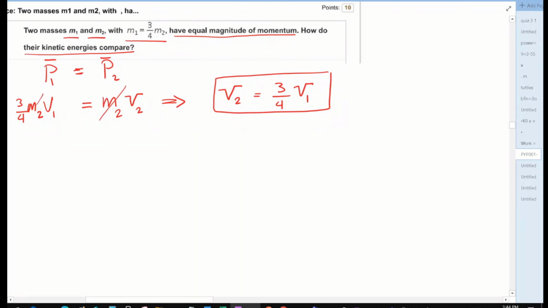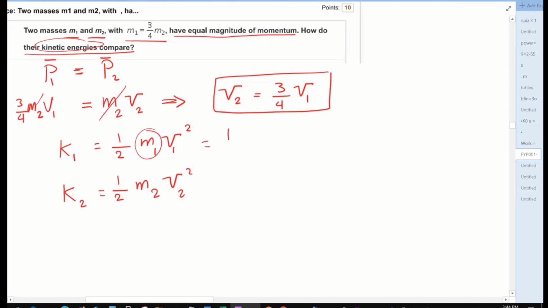Then he asks about kinetic energies. Kinetic energy 1 equals half times M1 times V1 square. Kinetic energy 2 equals half times M2 times V2 square. Okay. If we remove M1, we can rewrite it as 3/4 M2.